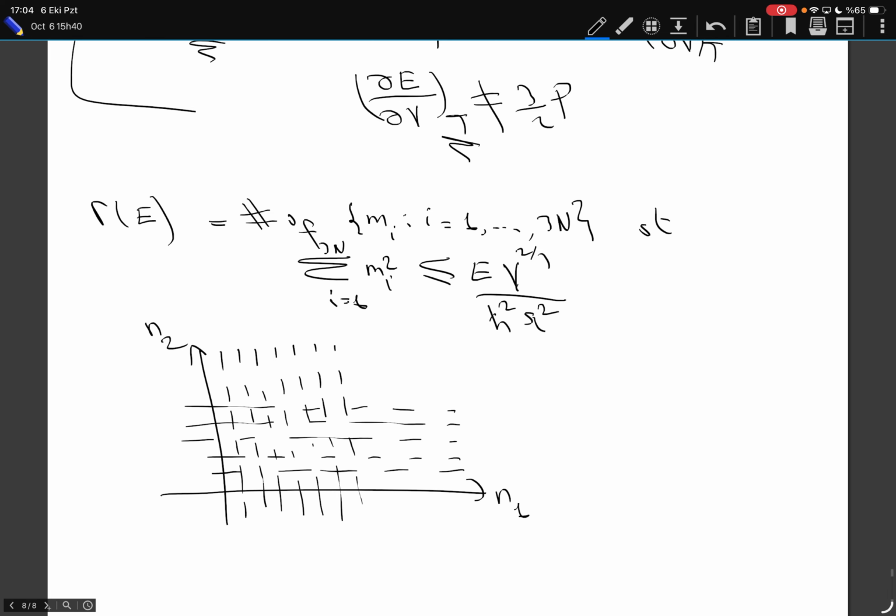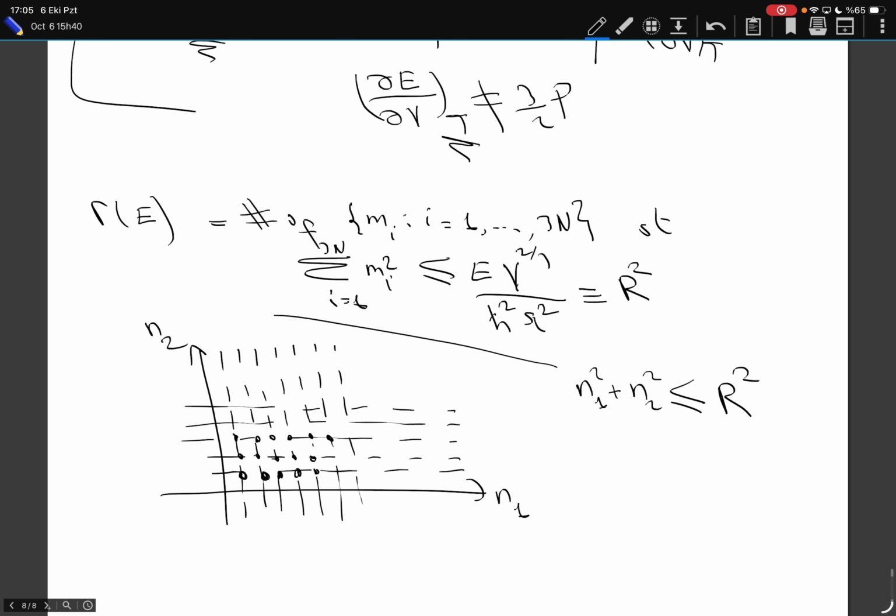Well, what is this equation? In this two-dimensional case, it will be n1 squared plus n2 squared is less than or equal to, let me call this number r squared. This is the equation of a disk in 2 dimensions. So let's say that it is this disk. Now, what I need to calculate is the number of these points with integer coordinates that lie within this disk.